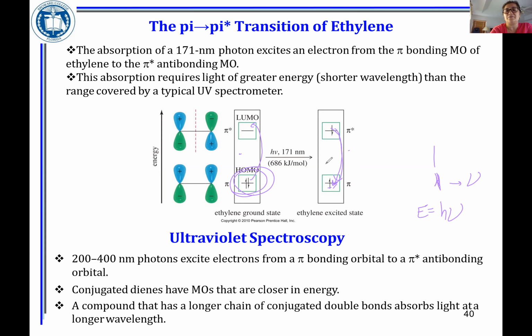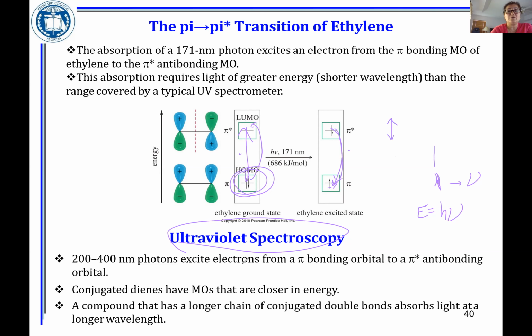And you can calculate the difference between the occupied and unoccupied orbitals, how much energy difference is between the two, which in UV spectroscopy is being calculated with specific information. The larger the molecule is, the energy difference between the HOMO and LUMO is going to be smaller.